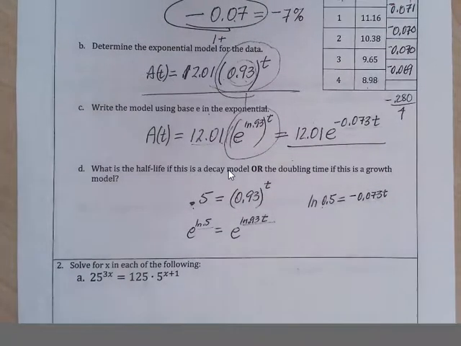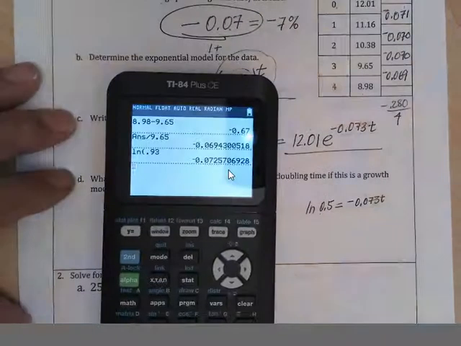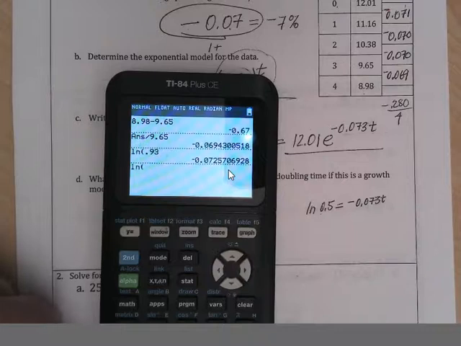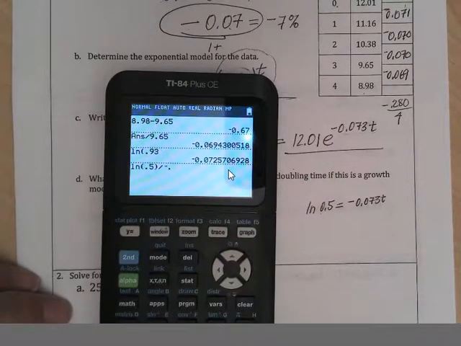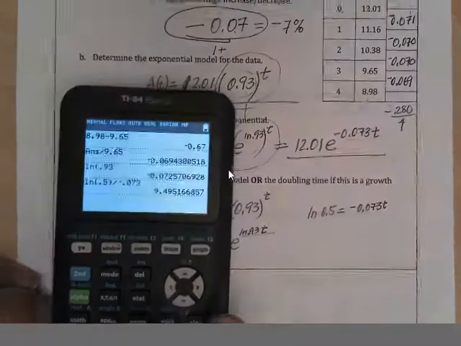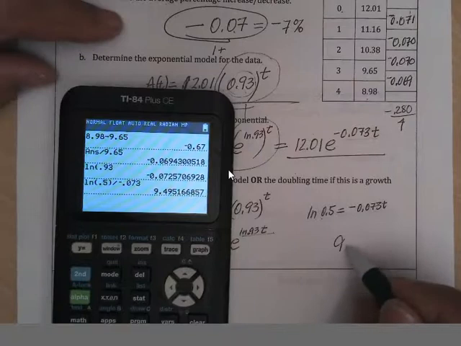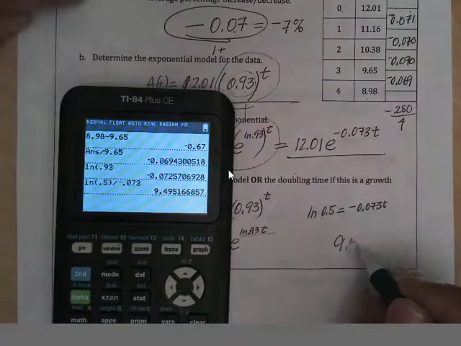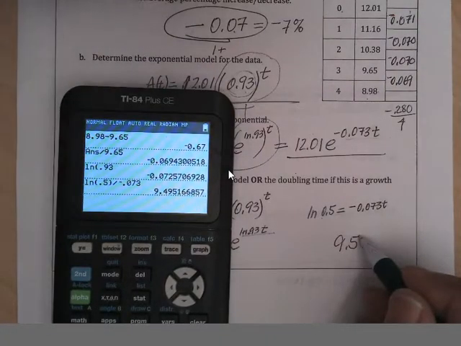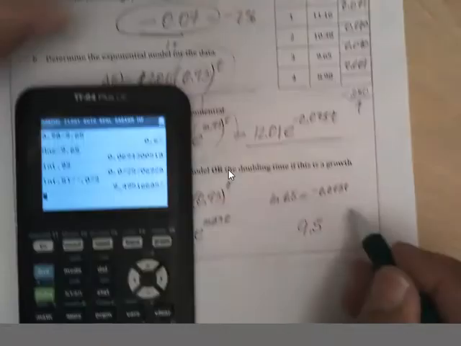So I just take ln 0.5, close parenthesis, divided by negative 0.073, and I get about 9.5 years, because t was in years up here.